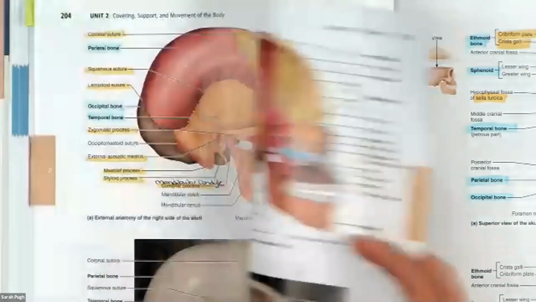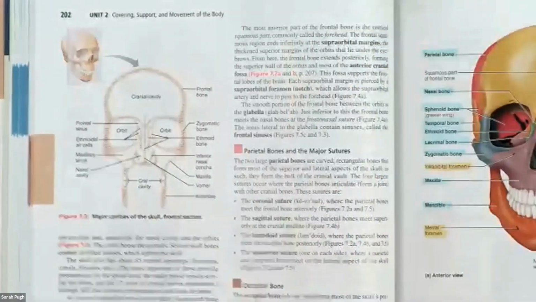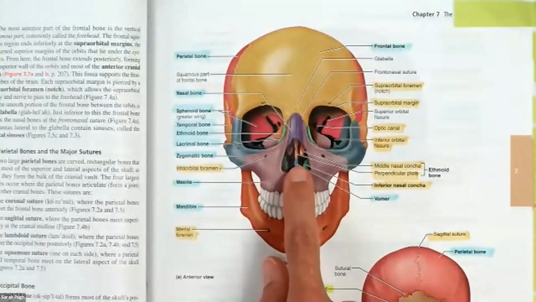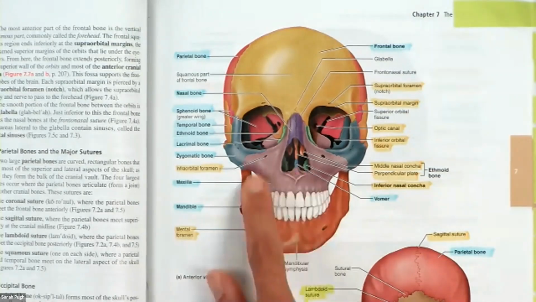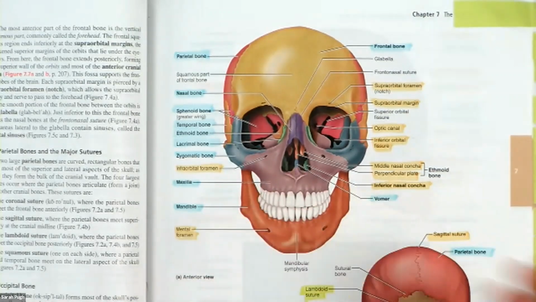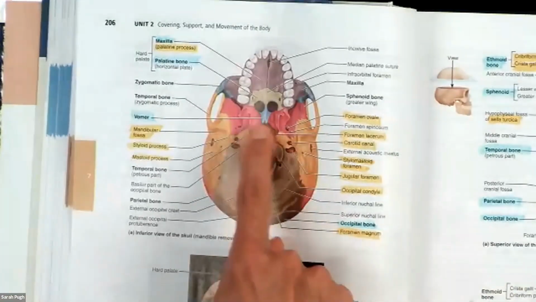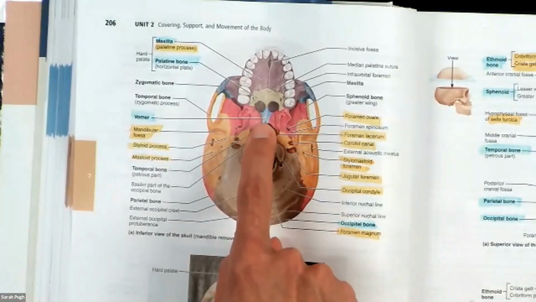I'm going to skip back and remind you, okay, here. Remember, we can also see the vomer bone in the nose, just right here, just barely. But if we take the jaw off and we look now under the skull from this view, we can see more of that vomer bone.